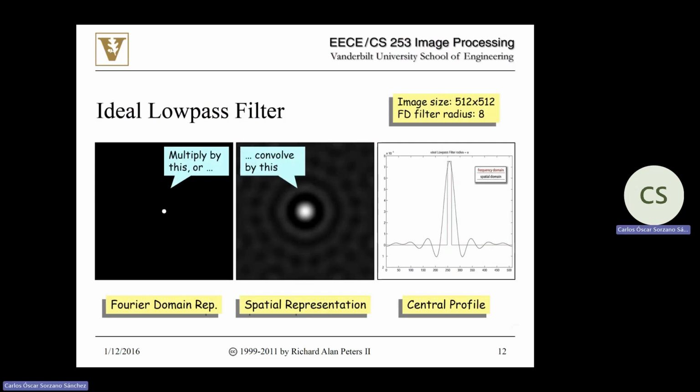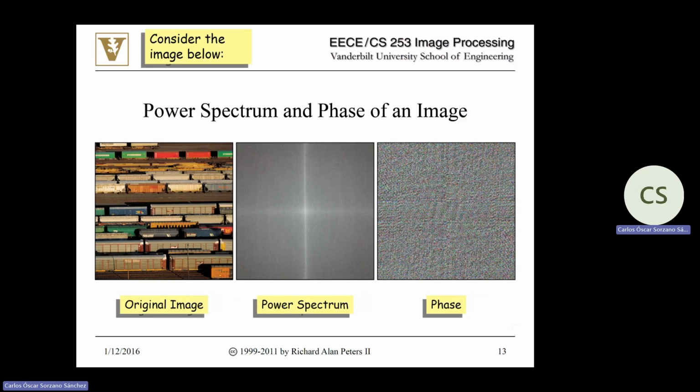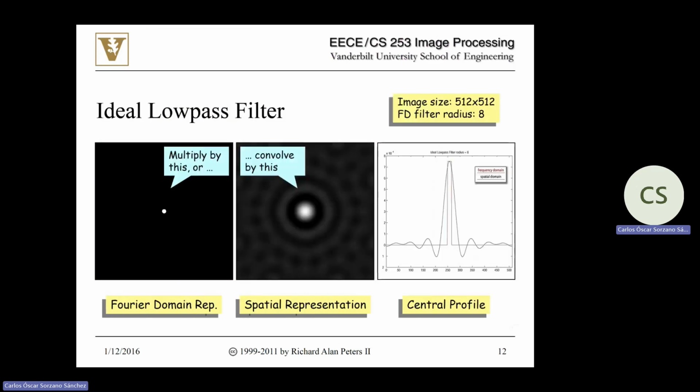It makes sense because if we let only lower frequencies pass, the impulse response has to be a coarser function, and the larger the filter is in Fourier space, the more rapidly it can vary. So this is a manifestation, again, of this uncertainty principle that we mentioned a couple of lectures ago.